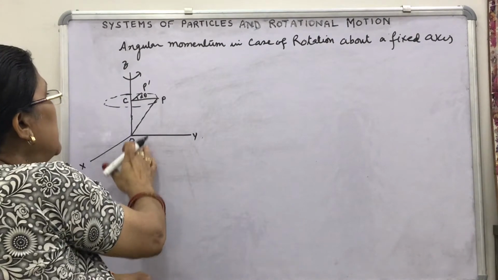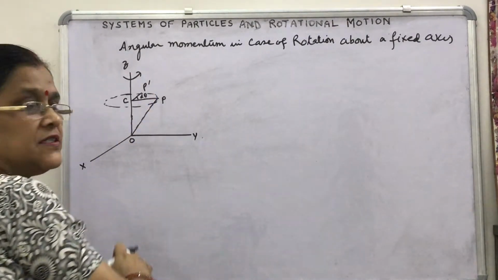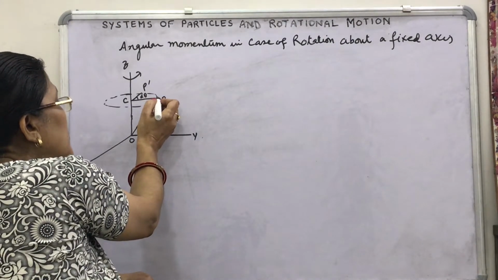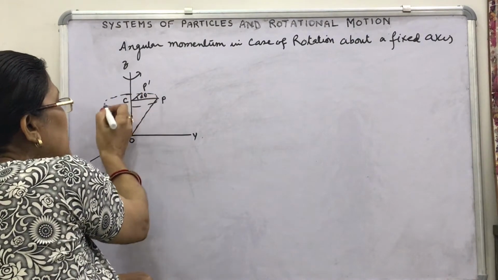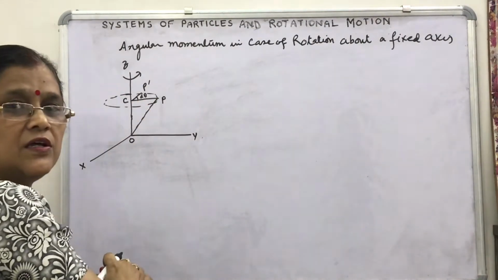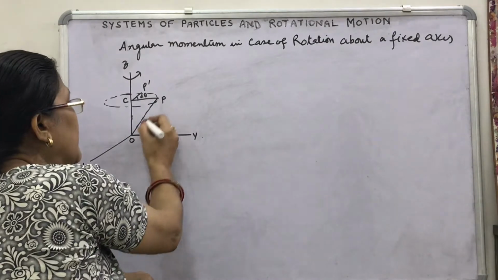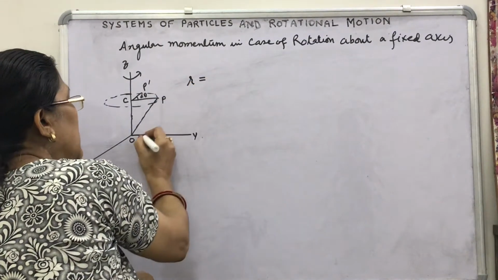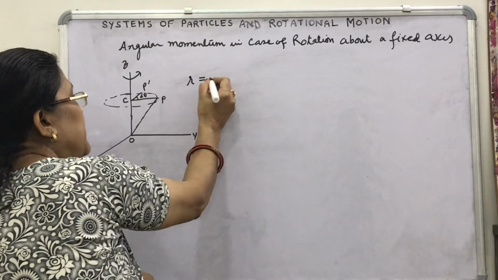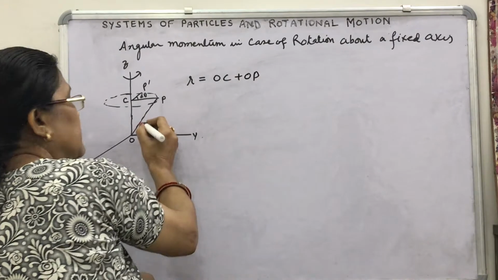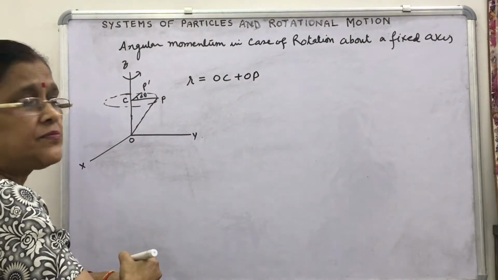Here we have taken the fixed axis as the z axis, and the particle rotates in a circle having its center C on the fixed axis. Its position vector r from the origin can be written as OC plus CP, as we have seen earlier.